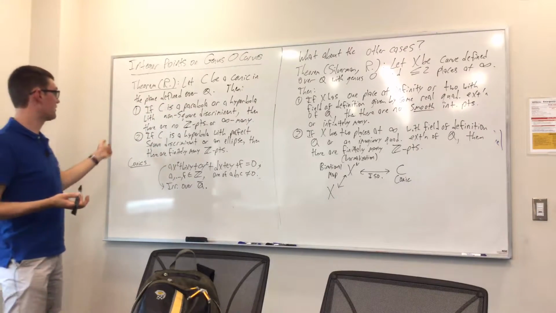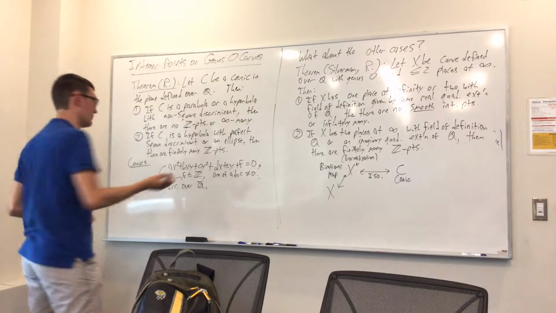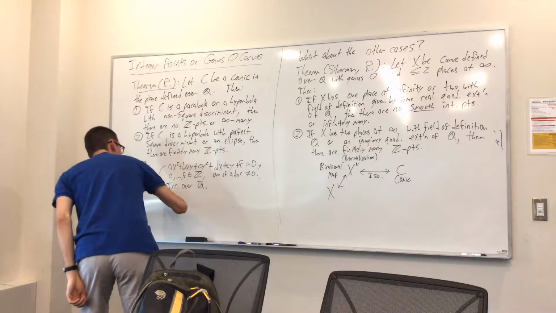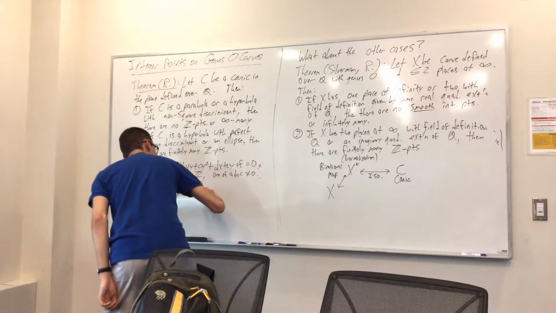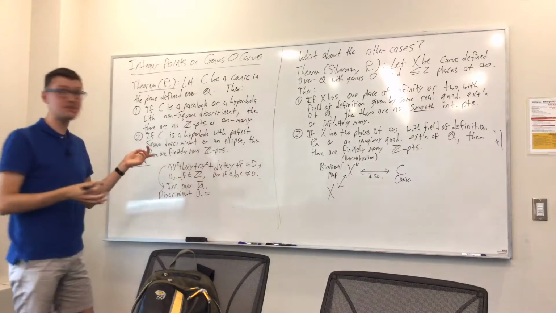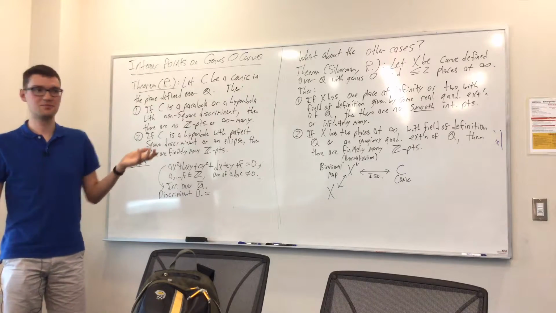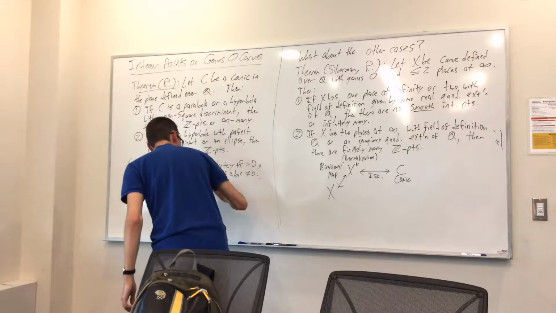And the way you tell them apart is this discriminant I referred to in this theorem. So what is it? It's b squared minus 4ac, which is the same thing you write down when you do a quadratic formula computation.